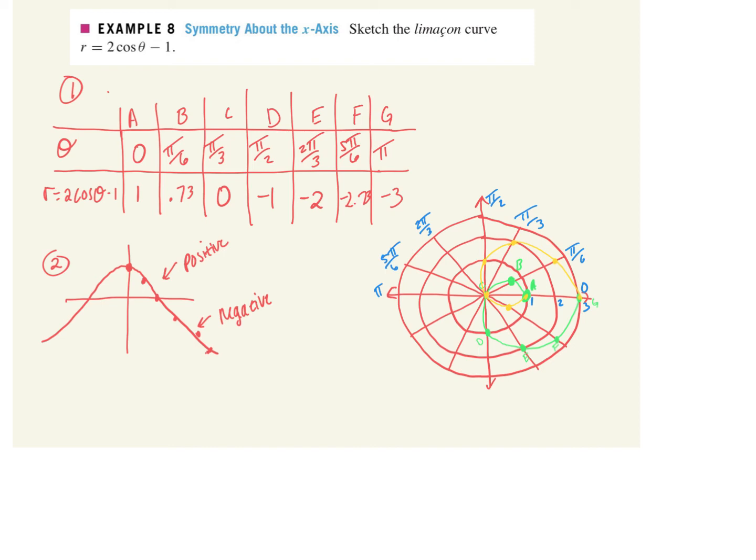I'm trying to come up with the easiest shortcut to phrase it, and I like that one. Thank you, Heidi. The angle theta measured in radians indicates the direction of r. We move counterclockwise from the polar axis by an angle of theta. When r is negative.